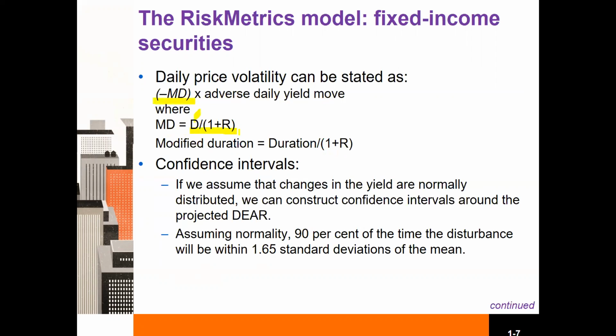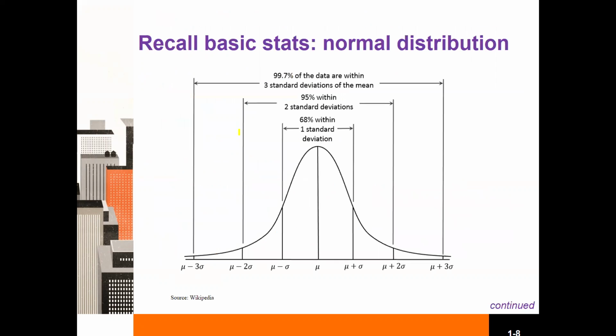Now, to find the market risk of each component of this portfolio, we need to derive a confidence interval. It's a statistical measure. Let me remind you simply what we mean by this confidence interval and how we derive it. A basic fact about the normal distribution is that 68% of the observations in a normally distributed data series lie between plus and minus 1 standard deviation.